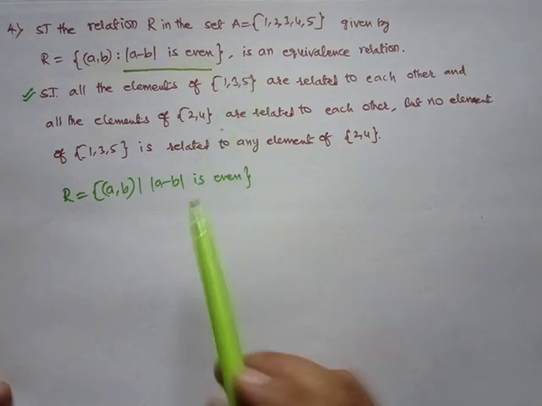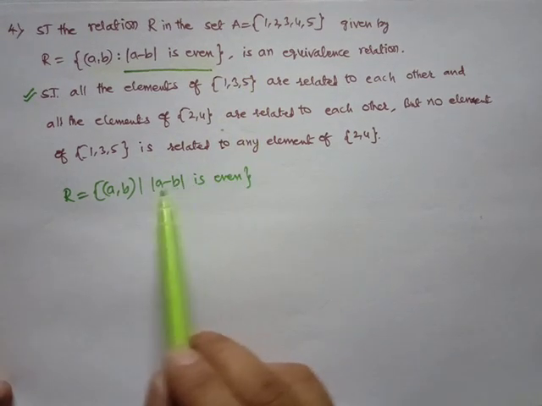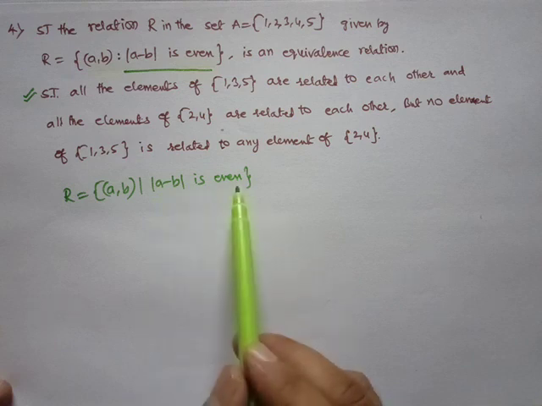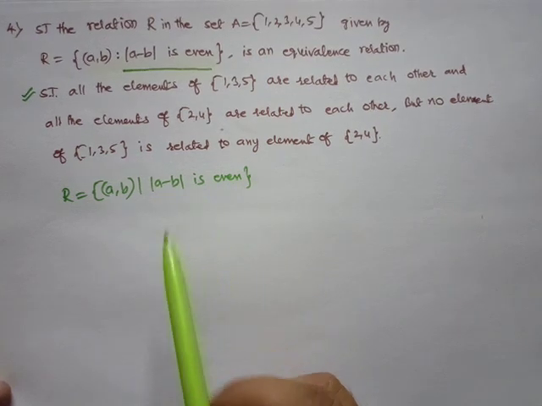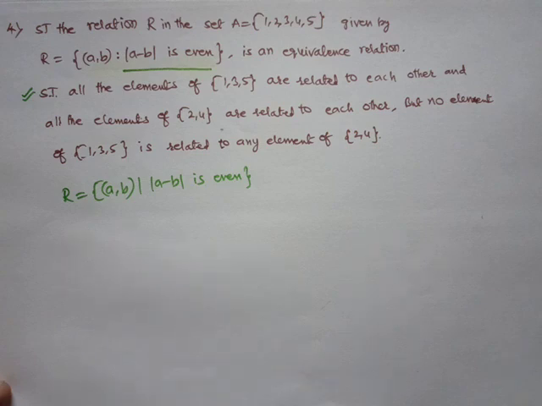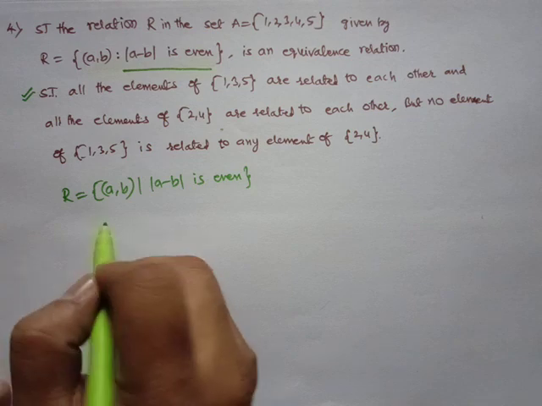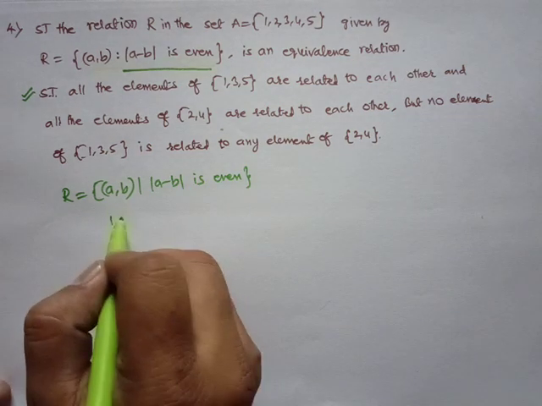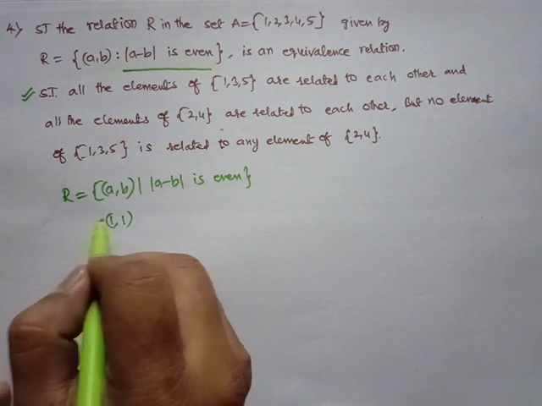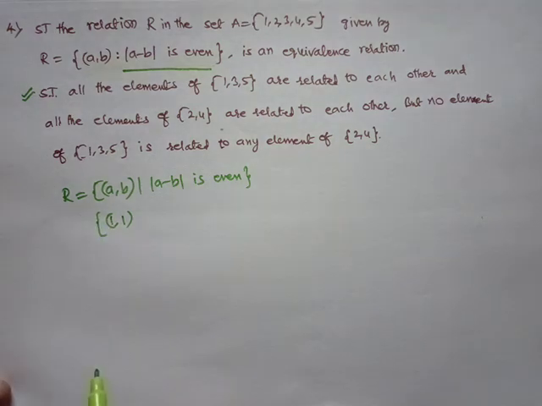The subtraction should come out even. An even number will come only from subtracting odd integers or even integers. So if you consider a = 1, then 1 − 1 is 0, 0 is even, so you can consider (1, 1).